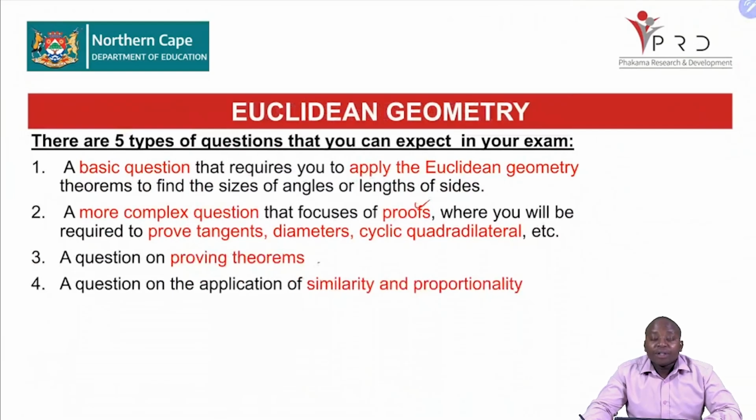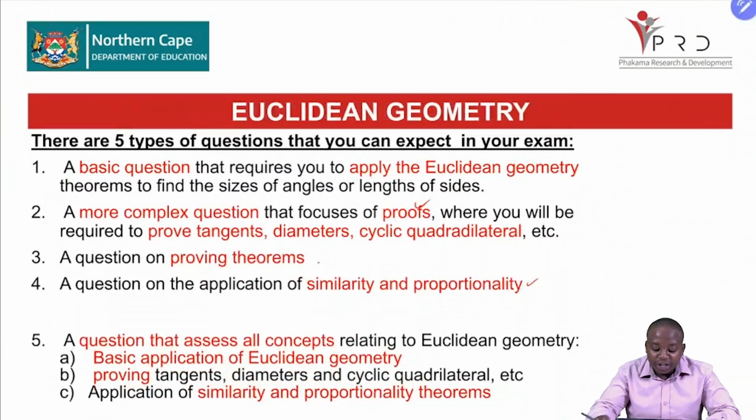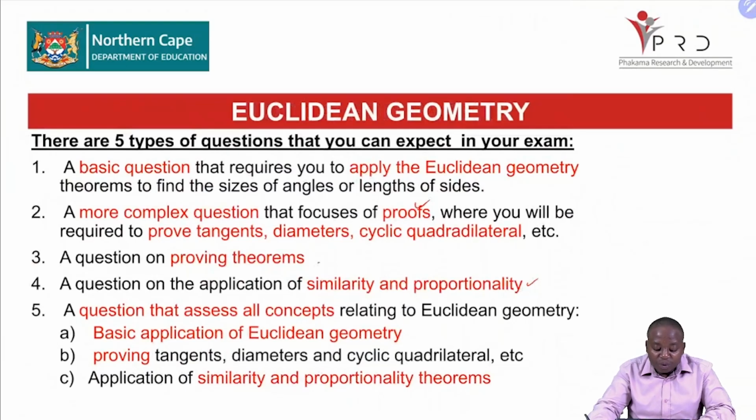Number 4, the fourth type of question, is where we are dealing with the application of similarity and proportionality. But remember that this is the topic we have introduced in grade 12. So you must also understand that the topic is going to feature in our examination. And the last question is going to be a question that assesses all concepts relating to Euclidean geometry.